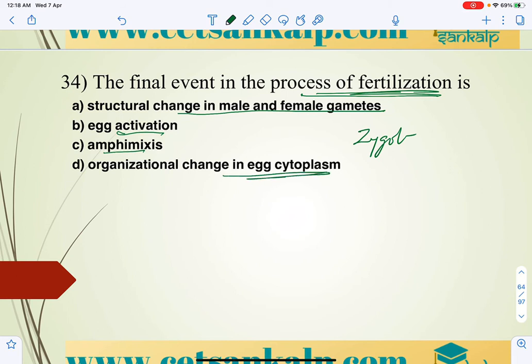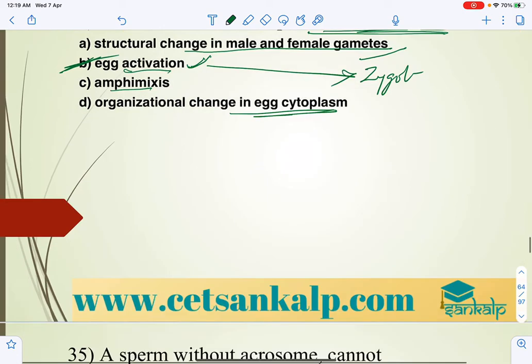Once fertilization takes place, there is a structural change in both male and female gametes, and the egg activates. Once the egg activates, it shows further meiotic division. That is egg activation, which leads to zygote formation.